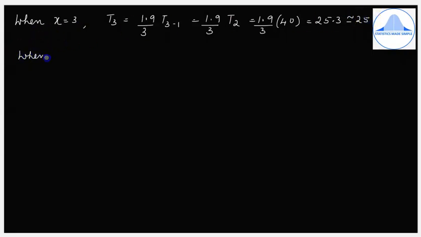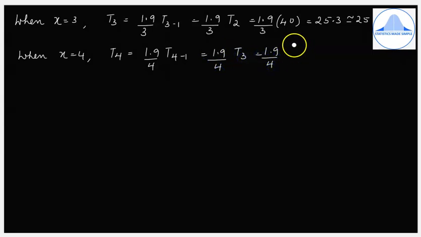Similarly, when x is equal to 4, T4 is equal to 1.9 divided by 4 into T3, and T3 value is 25. So we get T4 as 11.875. So you can approximate it to 12.